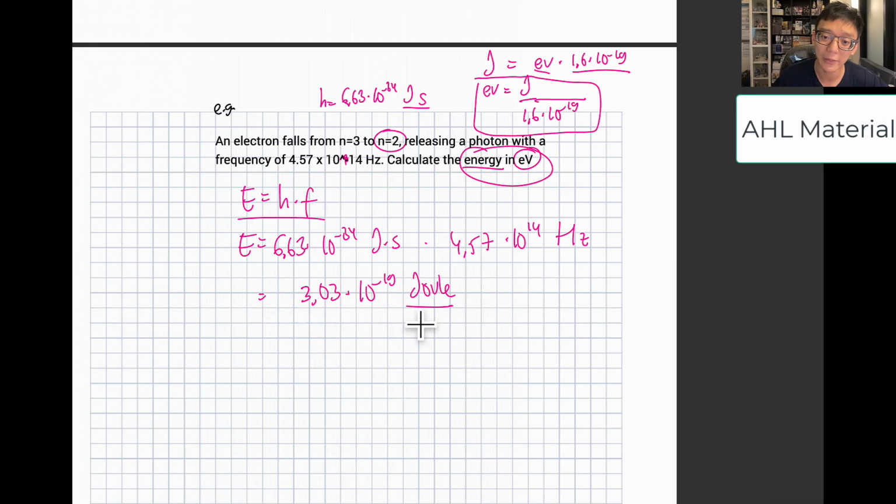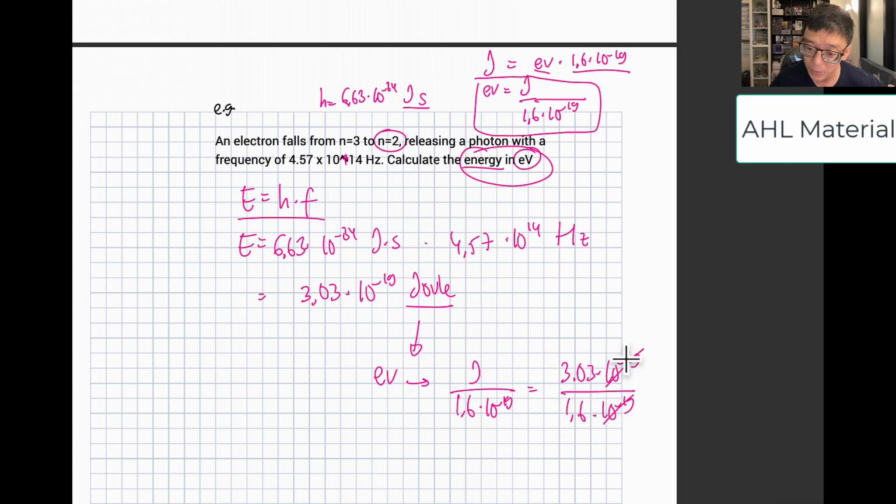So now we have joules and want electron volts, so we divide our joules by 1.6 × 10^-19. So 3.03 × 10^-19 divided by 1.6 × 10^-19 should be around 1.89 electron volts.